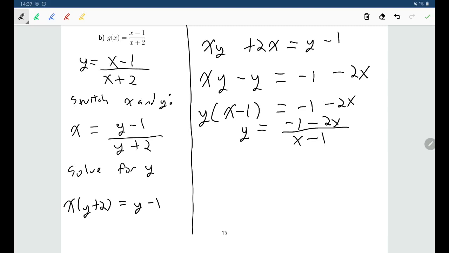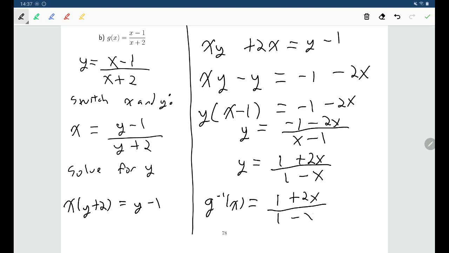And if we want to make this look a little bit nicer, I could take what I have on the right side and multiply everybody top and bottom by negative 1, just so that there's not quite so many negatives lying around. There we go, and I've now solved for y. Y equals 1 plus 2x over 1 minus x. And so you can say now that g inverse should be this function.